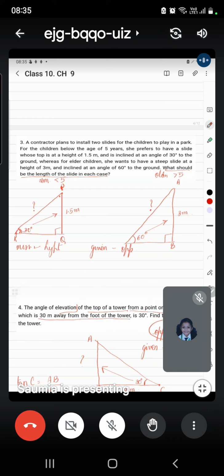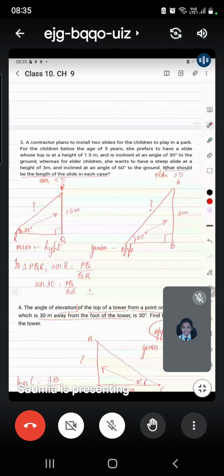So which ratio will I make use of? Sine ratio. So let us do that for each triangle. In triangle PQR, sin R is equal to PQ upon QR. But sin R is sin 30.